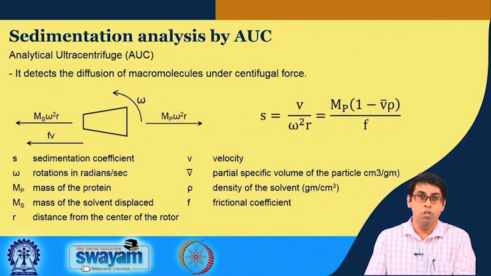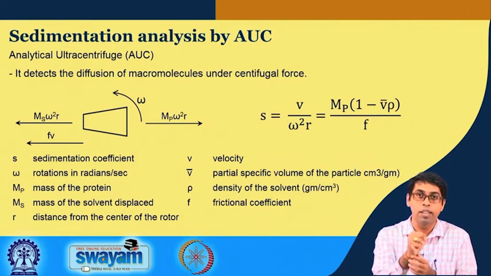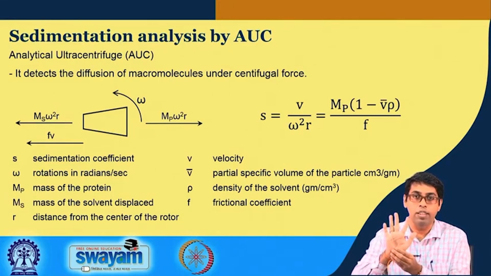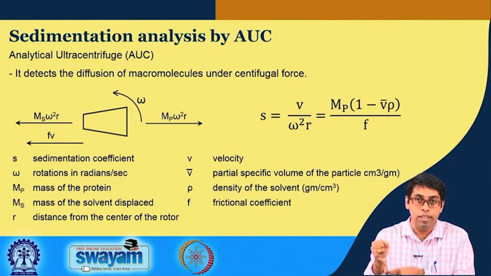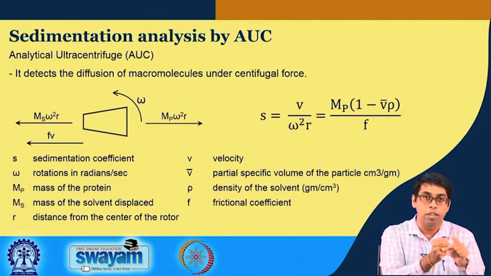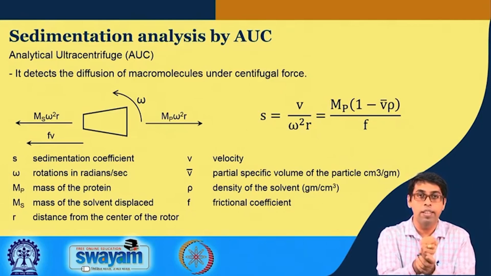Just a few words on this frictional coefficient, because this is an important parameter which gives us information about the shape and size of our protein. Assume we have two proteins of exactly the same molecular mass. One protein is like a sphere and the other protein is like a disc. If the spherical protein is moving through the solution, the frictional force on it will be much less because the surface area is less.